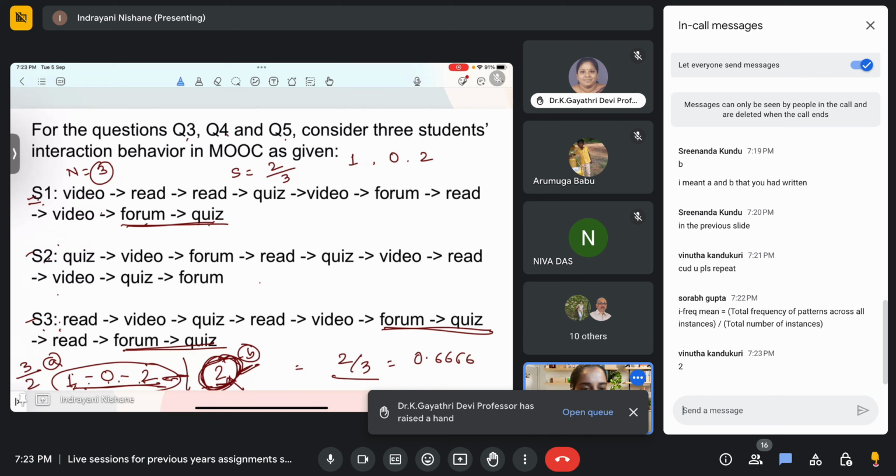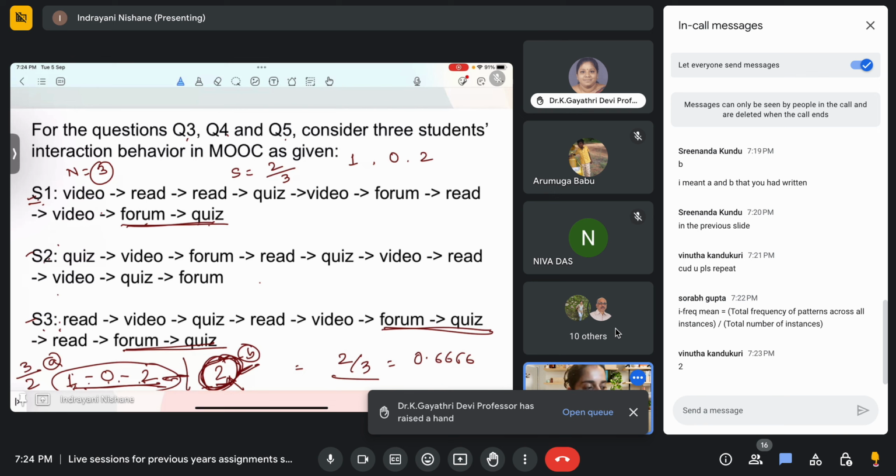Saurabh has something to say. I frequency mean is equal to total frequency of patterns across all instances over the total number of instances. Yes, that's correct. Also we find out how many times it is occurring, the average number of times.